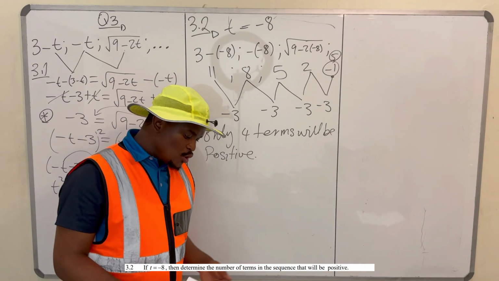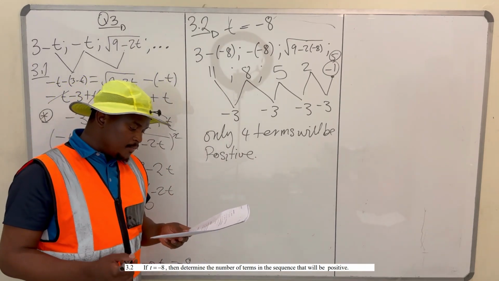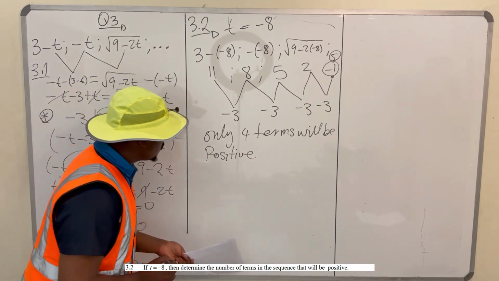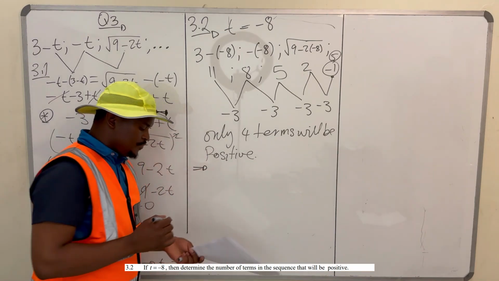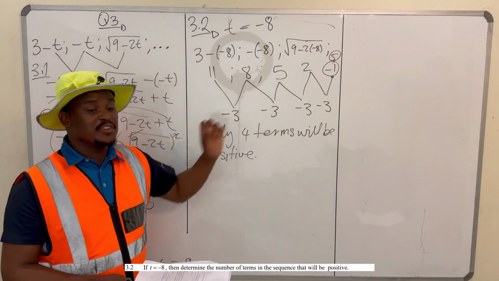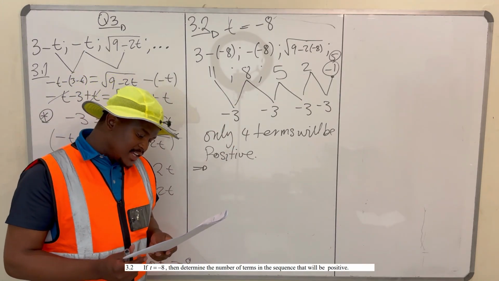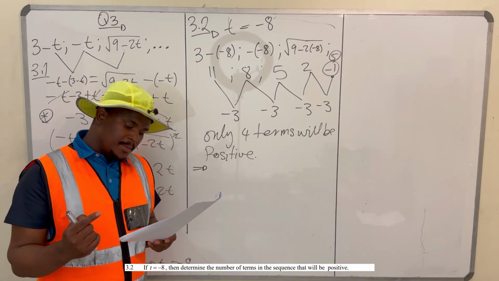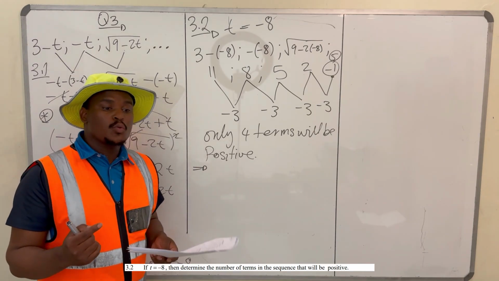Right? No problem. So they're asking you now the question that they were asking you. I'm going to do this question, but now using a slightly different method, not this counting one. They're saying, determine the number of terms in the sequence that will be positive.